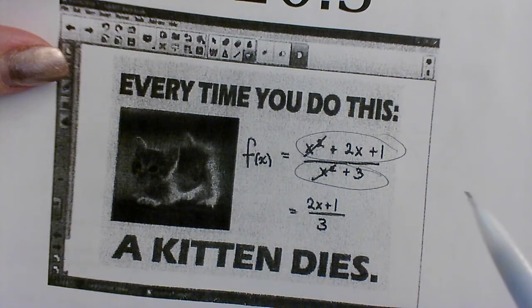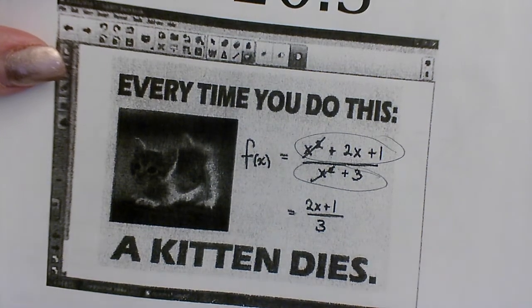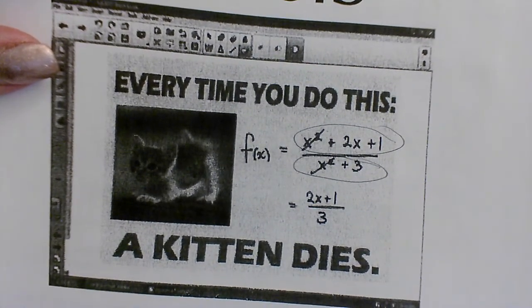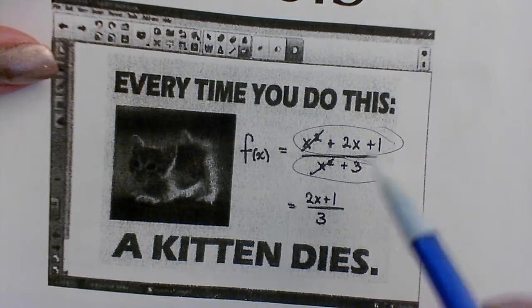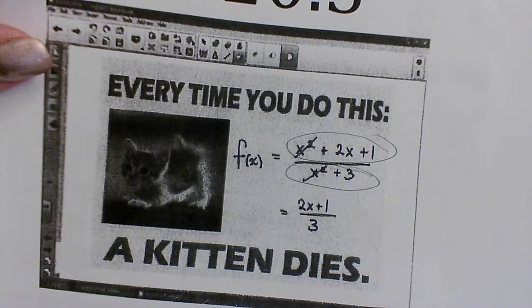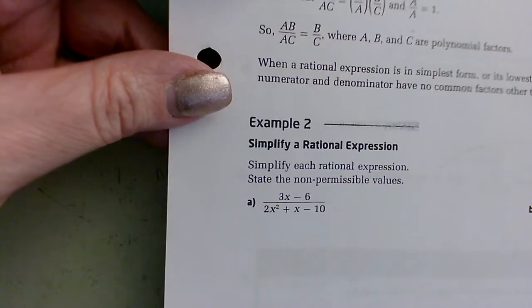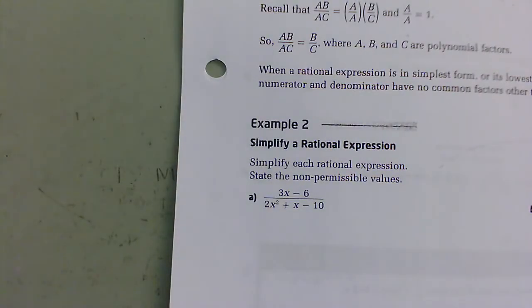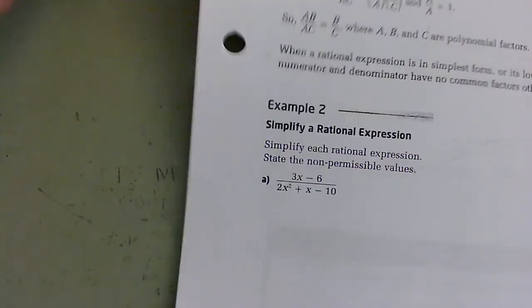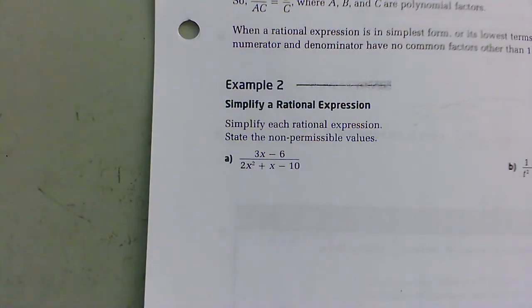So this cannot be done, and neither can this. They didn't factor it. They just took the trinomials and went, well, they have a common x squared. I'm just going to cancel out the x squares and just write the answer. It just looks like it should work, but it doesn't. Because there's a plus. I cannot just take a 3x and an x, cancel them out and get a 2x. I can't do that. Because remember, they're binomials.